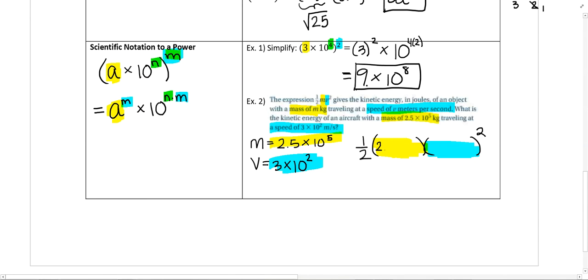So 2.5 times 10 to the 5th, and then 3 times 10 squared, and this is all being squared. So with any number, you're going to follow the order of operations. So 3 times 10 squared, squared. We are going to square the 3 and then square the 10 squared, which would mean multiply. So this would be 9 times 10 to the 4th. 2 times 2 is 4.